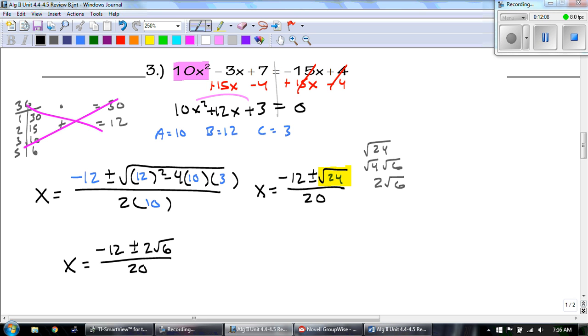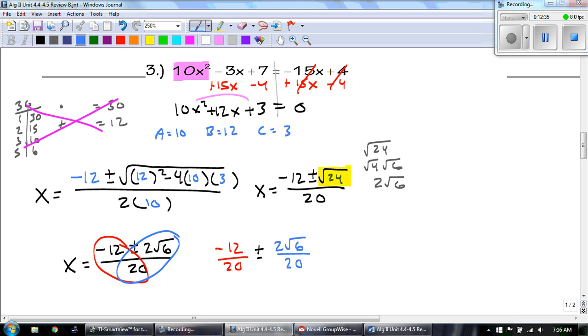Then we break it down: negative 12 divided by 20 plus or minus 2 square root 6 divided by 20. What do you get there? You should be able to do this.